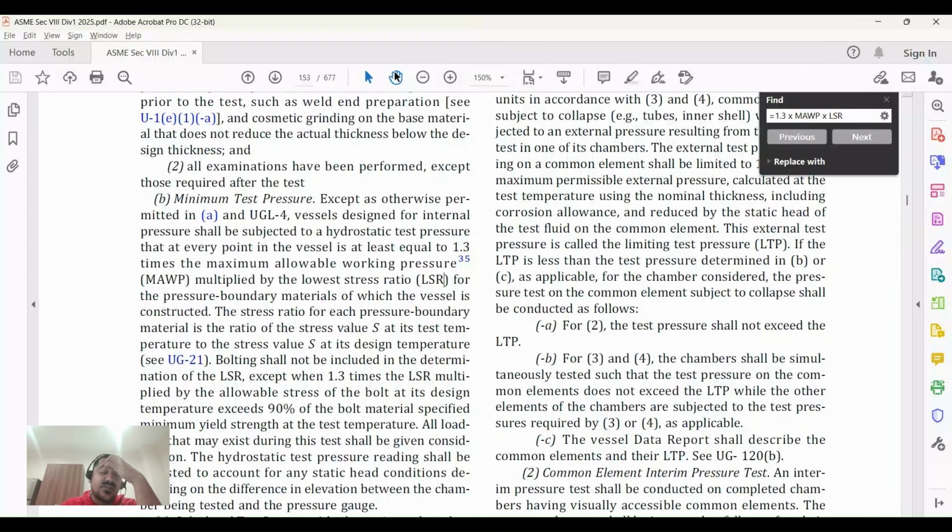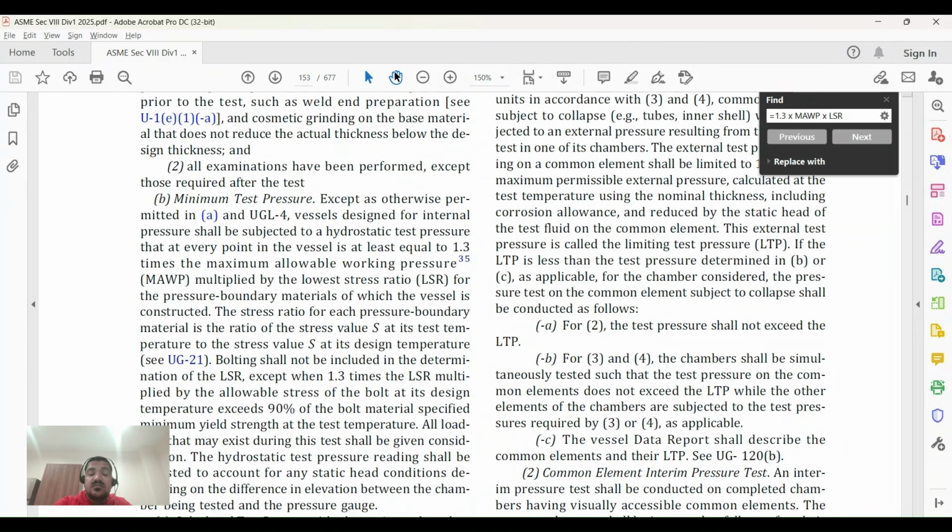There is a difference between the temperature at the hydrostatic test at the workshop and the actual job temperature when the equipment is in service. So there is a difference in temperature.